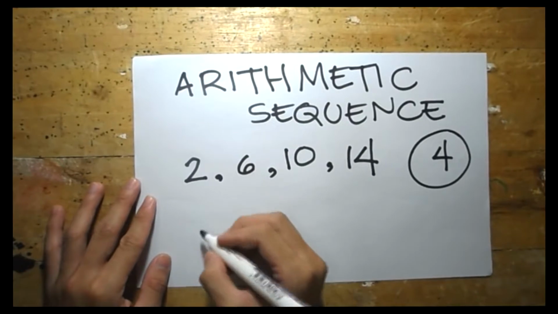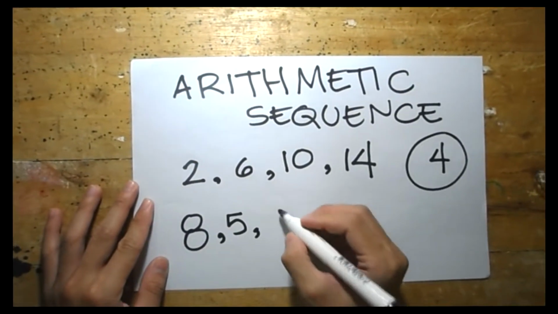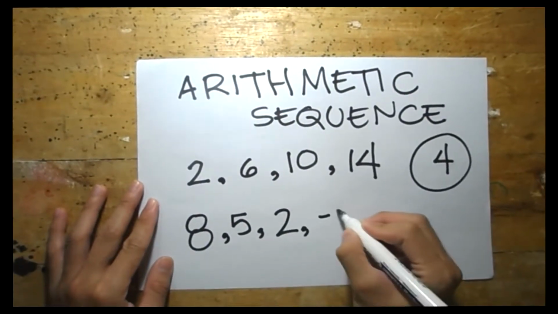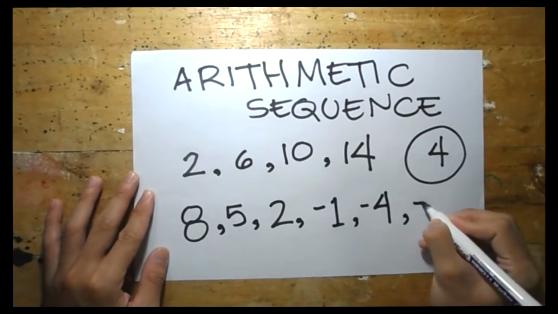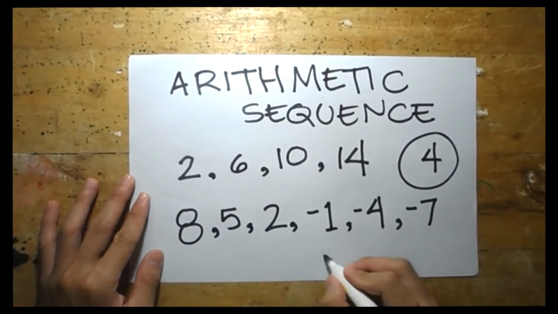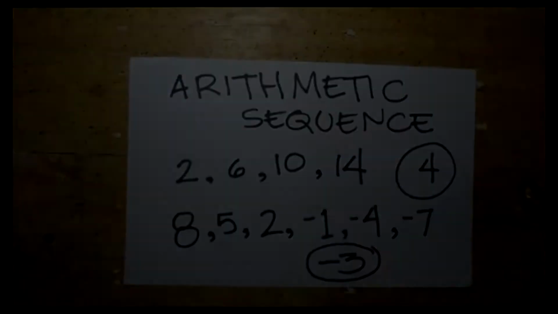Another example, the sequence 8, 5, 2, -1, -4, -7 is an arithmetic sequence with -3 as the common difference.